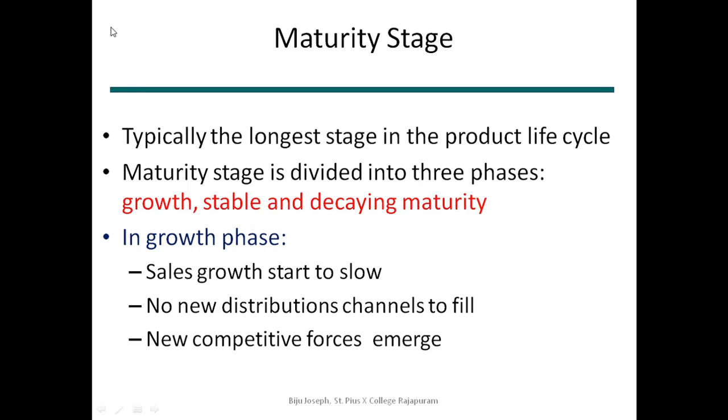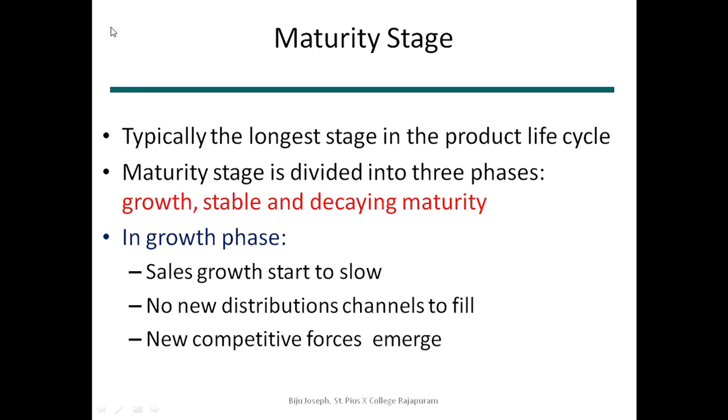So three things happen in growth phase. The sales growth, which was taking place during the introduction and growth stage, starts to slow down, and there are no new distribution channels to fill, because during the growth stage we have identified or filled almost all distribution channels.